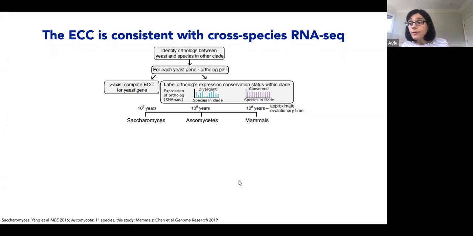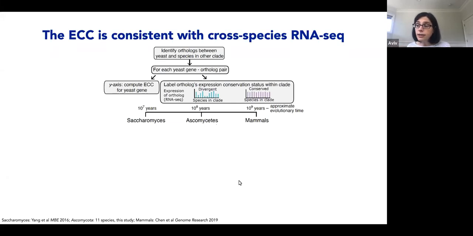now to see if the ECC is consistent with the divergence that we observe in actual expression levels, we also used cross-species RNA-seq at different evolutionary distances. We had data sets within Saccharomyces strains, within Ascomycota yeasts, and within mammals. And in each case, we identify orthologs for Saccharomyces cerevisiae genes, calculate the ECC based on the promoters of the 1,011 Saccharomyces cerevisiae strains.